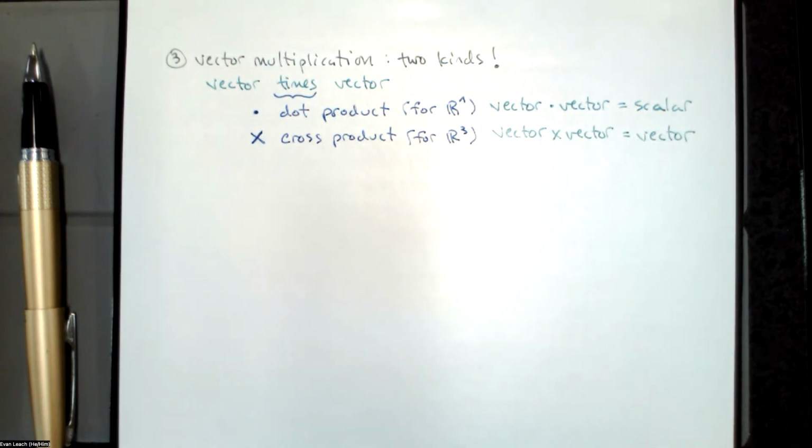Two kinds of multiplication. Just like before, we have to know how to make this operation go, and we have to understand what it represents, what we can use it to represent.